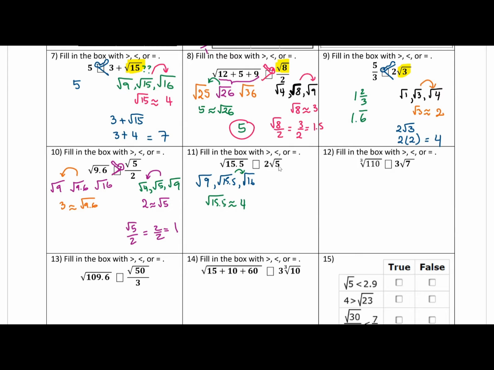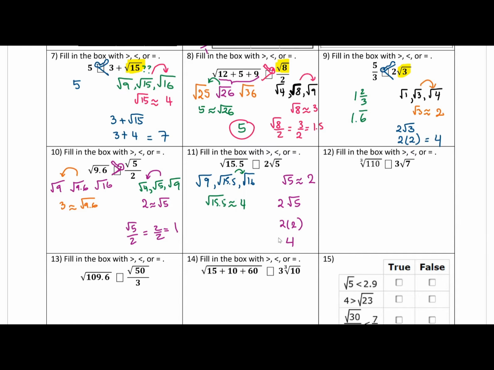The other one, 2 square root of 5, we just did earlier. The square root of 5 rounds down to the square root of 4, and the square root of 5 is about 2. Roughly around 2. 2 square root of 5 means 2 times 2, because the square root of 5 is 2, which is 4.